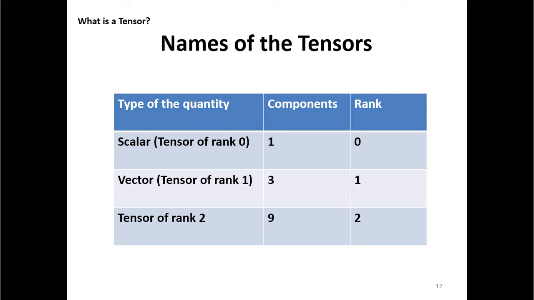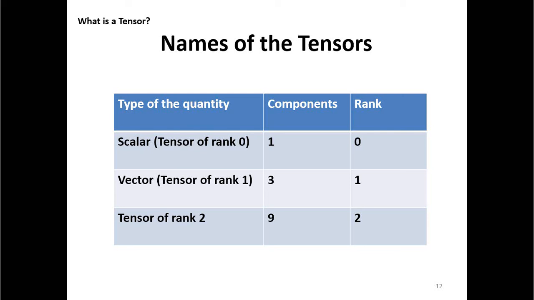Tensor is a general name given to a physical quantity depending upon its components in different directions. Since scalar and vector are well established names, they are not commonly replaced with tensor of rank 0 and tensor of rank 1, but since a tensor of rank 2 has not been given any specific name, we use it as a tensor of rank 2.